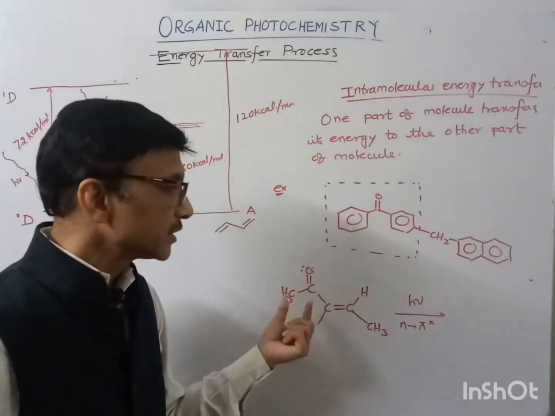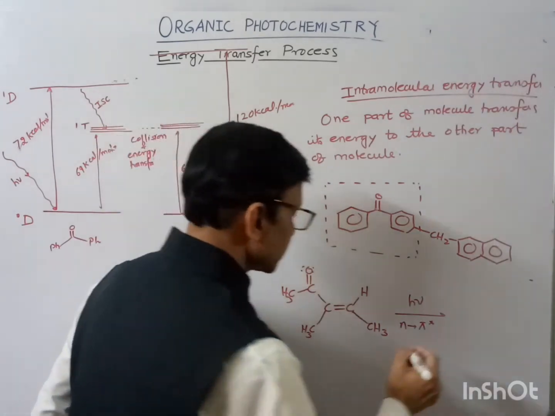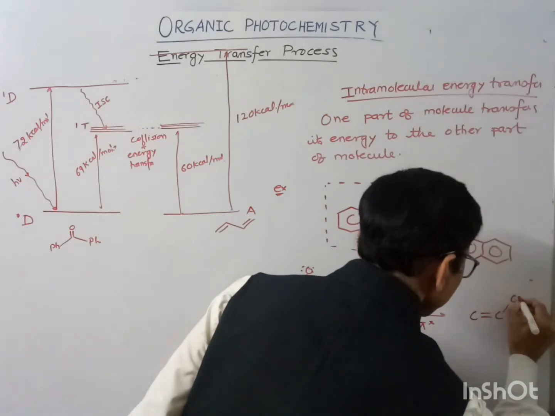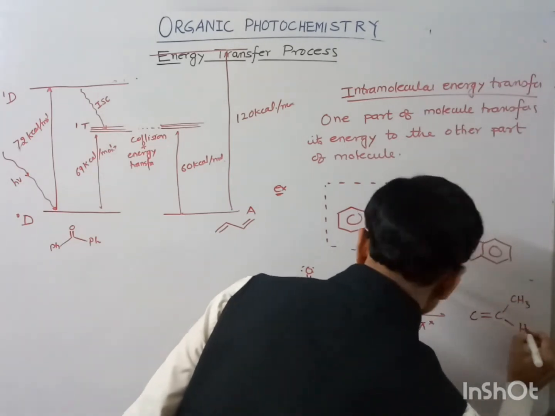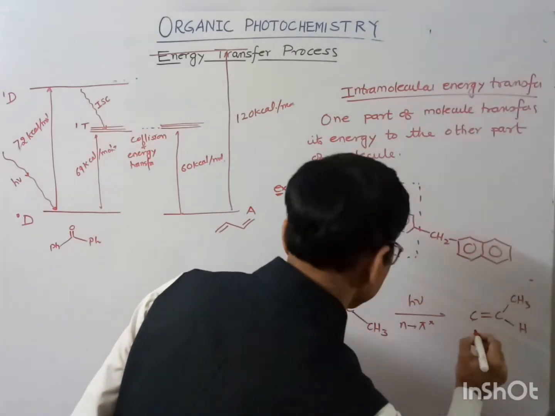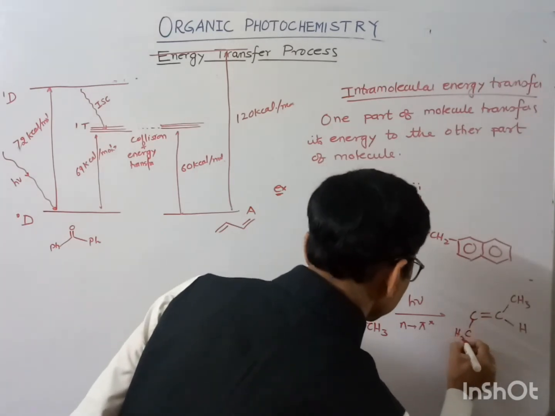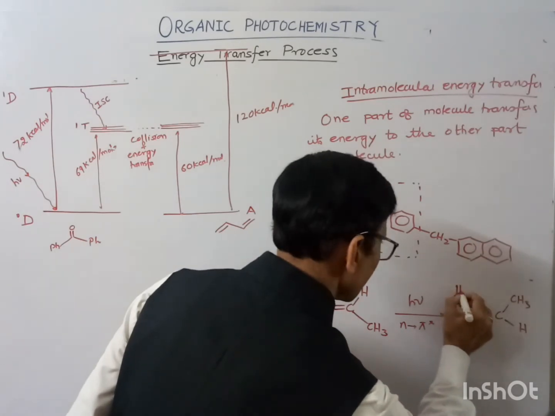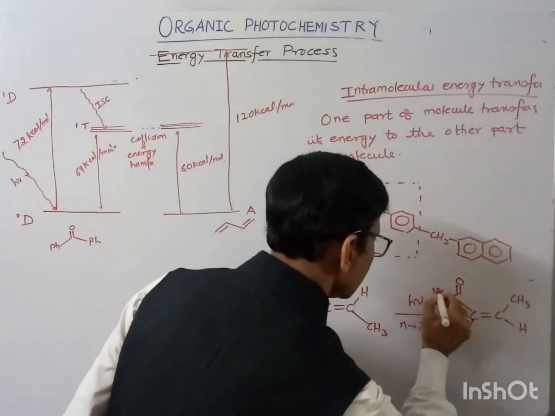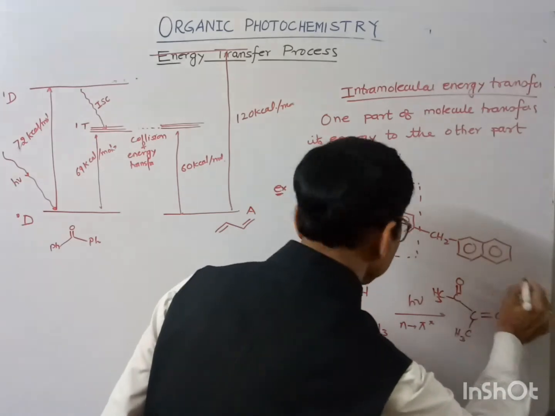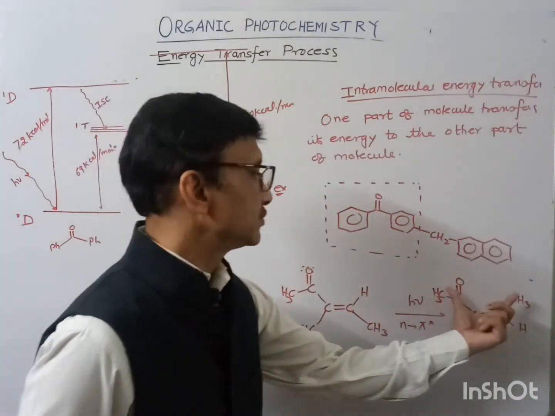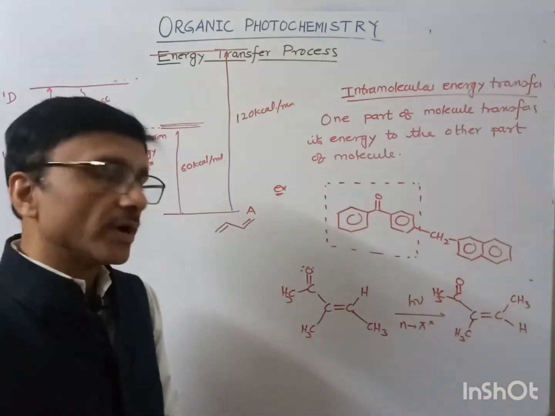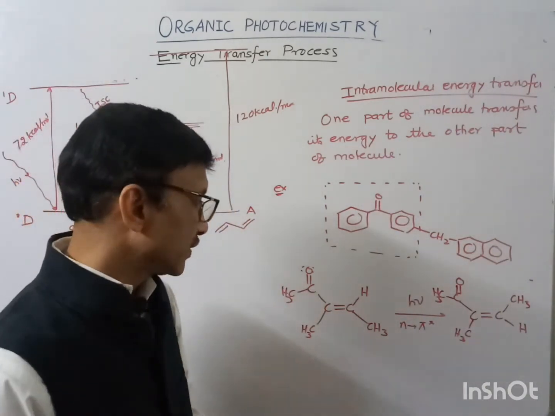When it absorbs the radiation, an isomerization reaction will take place and we will get the cis product. Or we can say these two groups are now on the same side. So this isomerization reaction is only possible via intramolecular energy transfer.